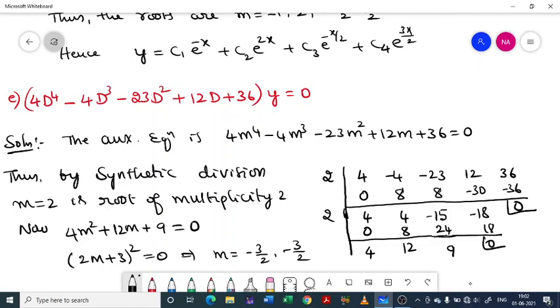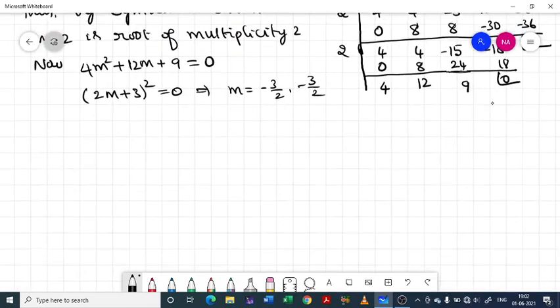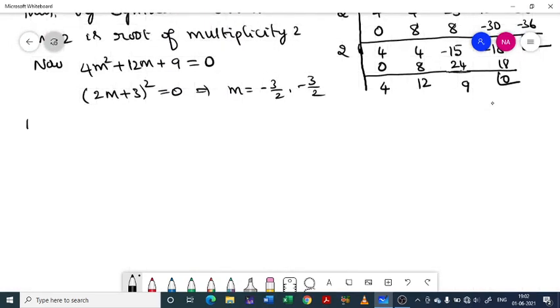Right. So the roots are 2, 2, minus 3 by 2, minus 3 by 2.